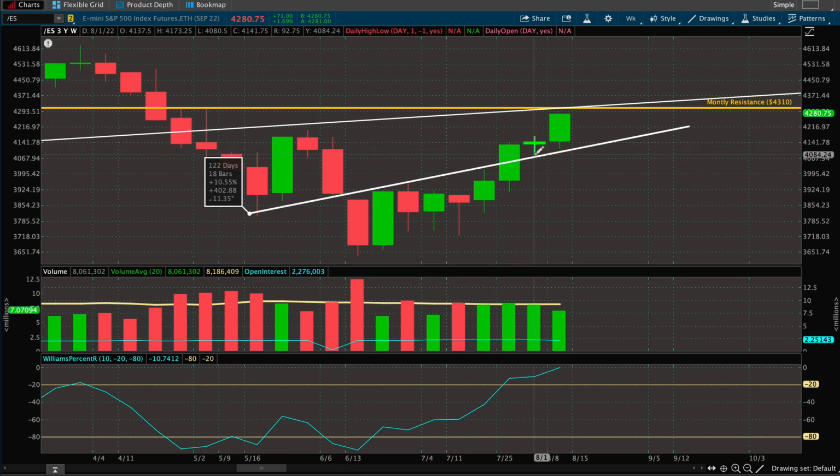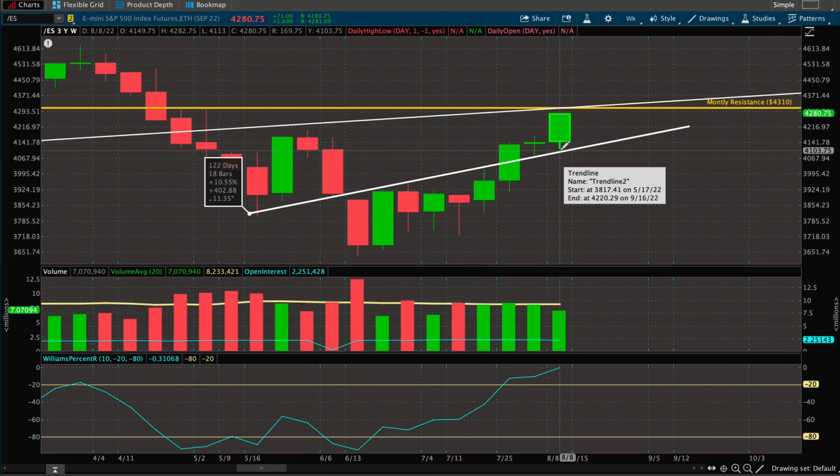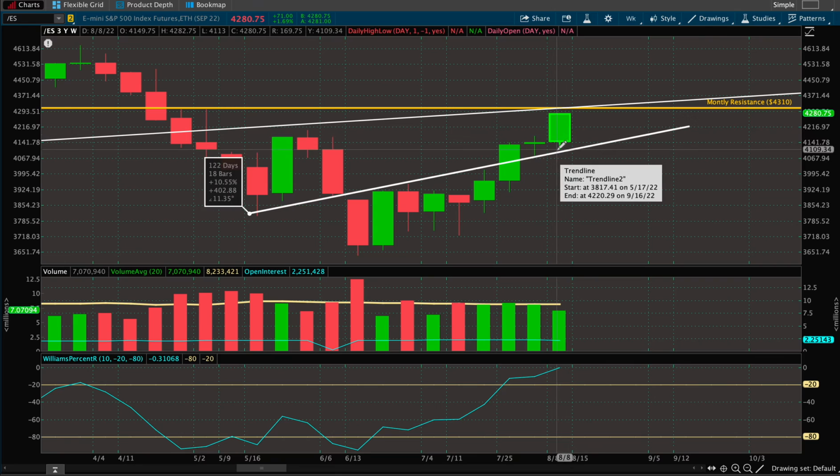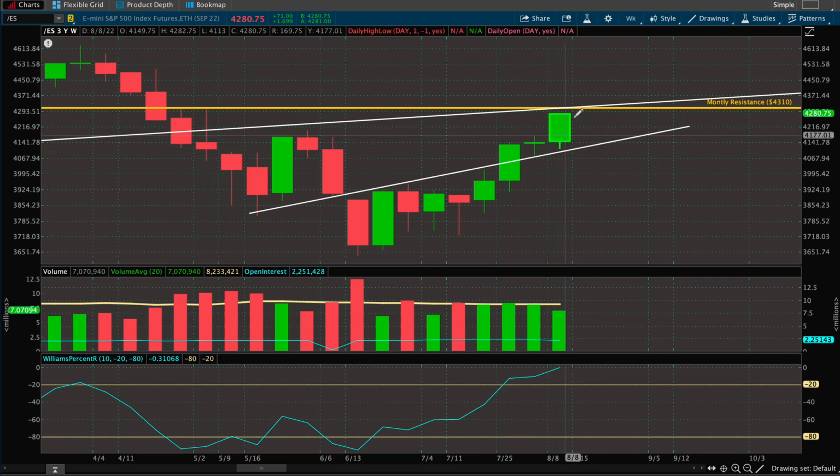And look what this week did. It came down to 4085 and bounced, and you can do something similar here also. It came down, bounced. So these trend lines are very easy to draw and help a lot to analyze the market and where the market is going.